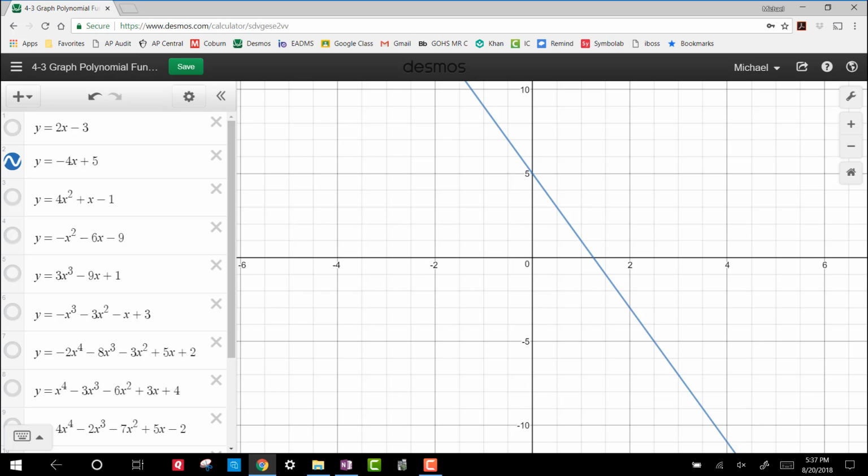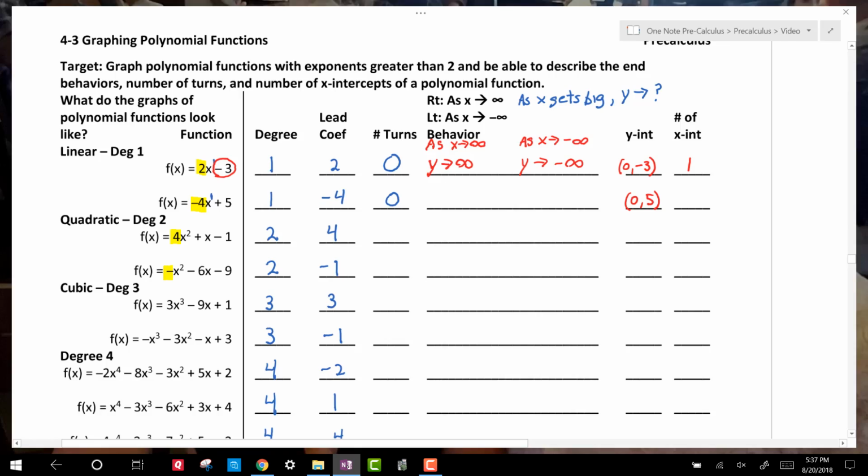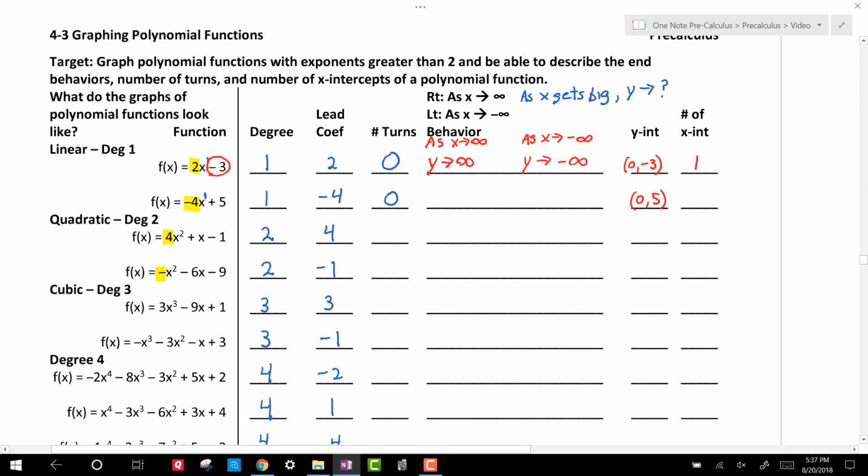As x moves to the left, this graph is going up. So we would say that as x goes to infinity, y goes to negative infinity. And as x goes to negative infinity, y goes to positive infinity. In other words, as x gets big, y gets small. And as x gets small, y gets big.